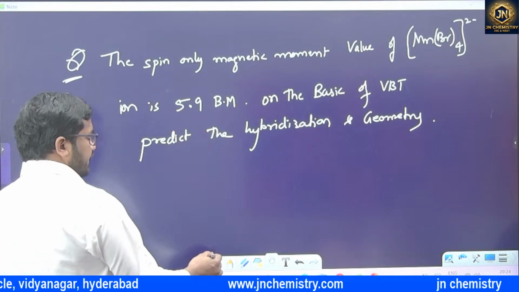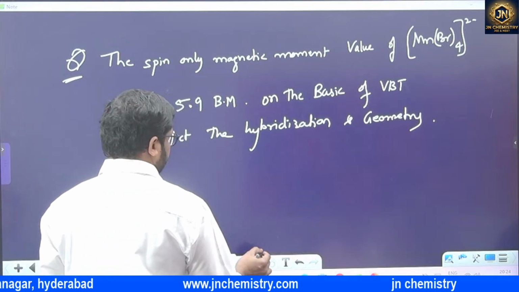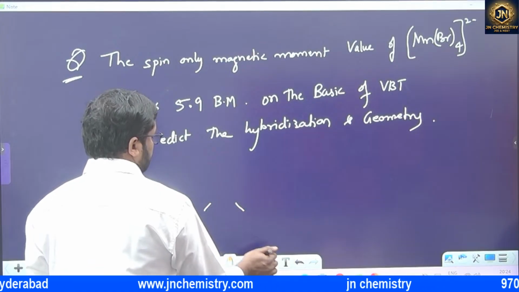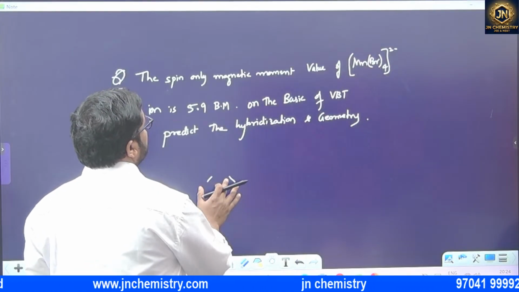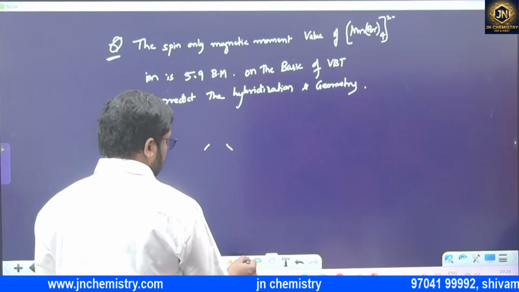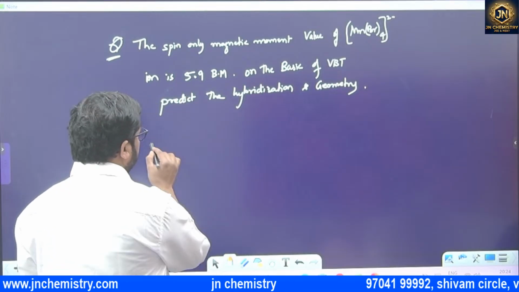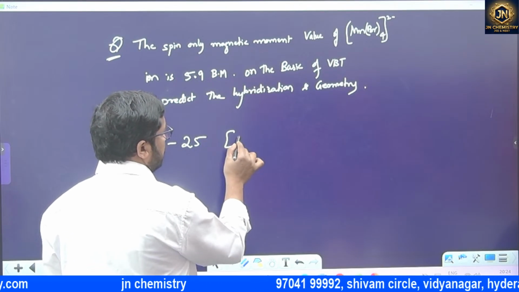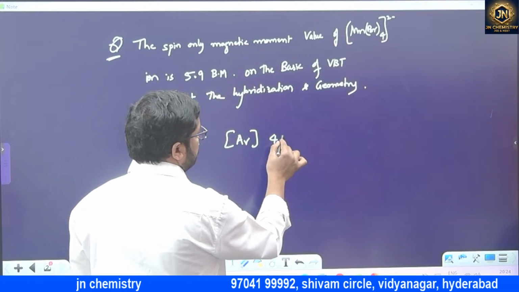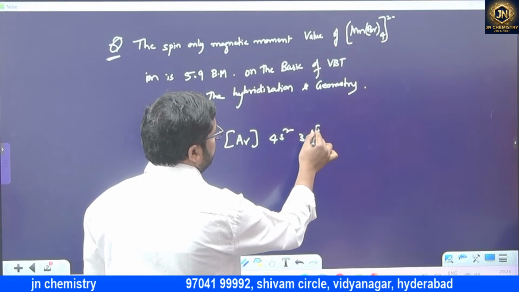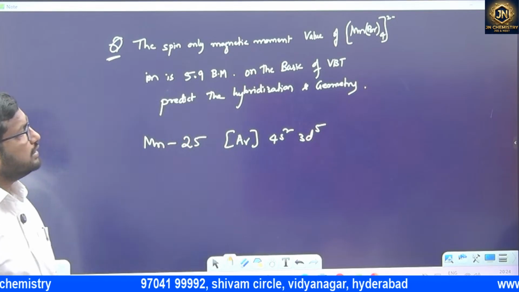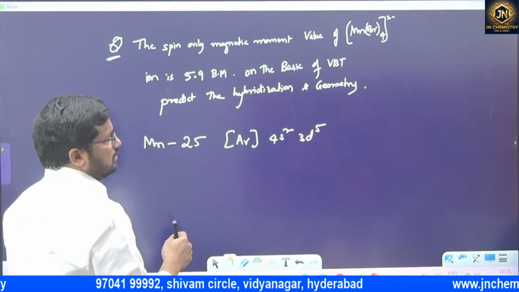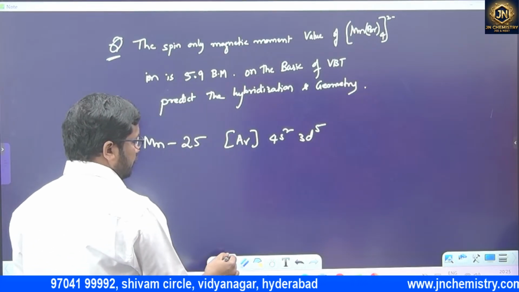So for manganese, what is the atomic number? 25, which means argon 4s2 3d5. What is the oxidation state? Plus 2.